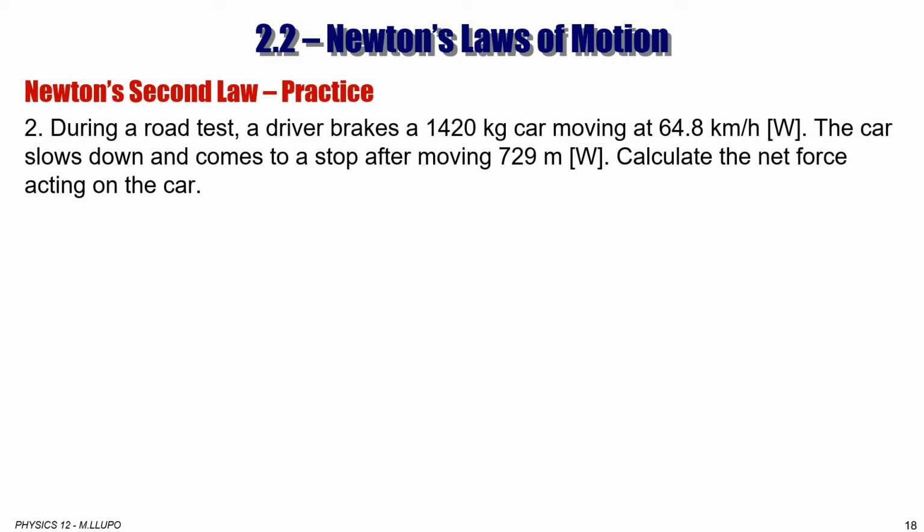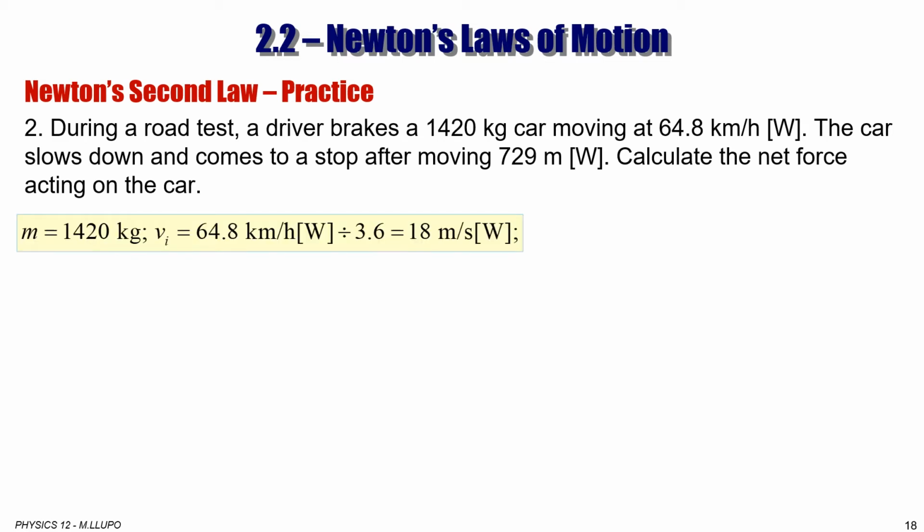Calculate the net force acting on the car. I want you to pay attention to these units because it's very important. 1,420 kilograms is a standard unit, but 64.8 kilometers per hour is not. The distance, or displacement, is 729 meters, which is a standard unit.